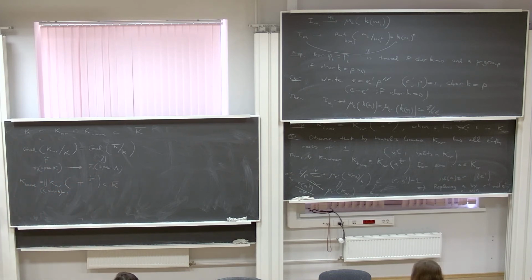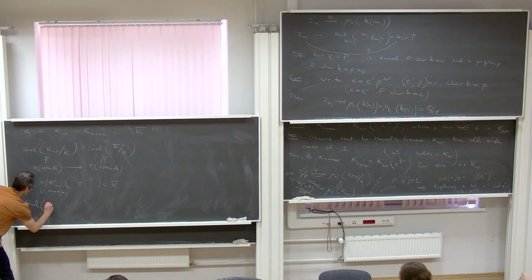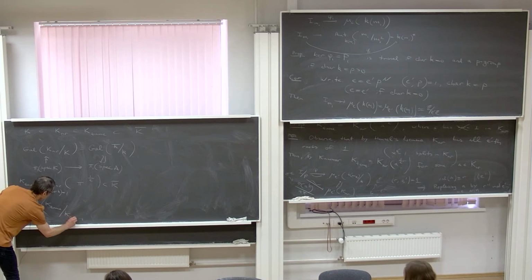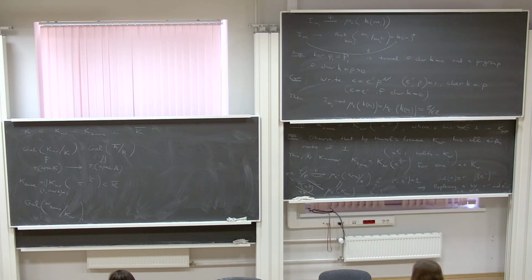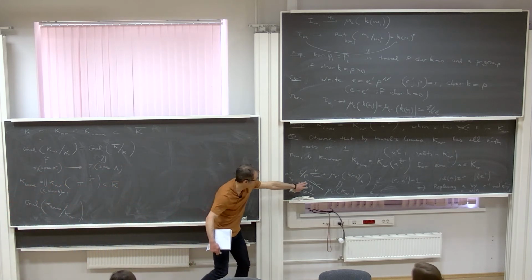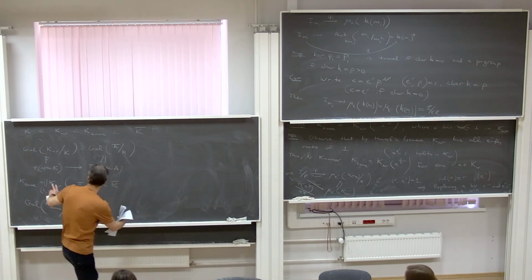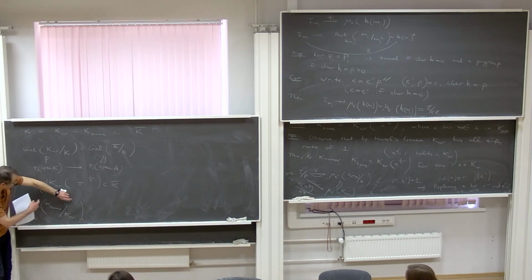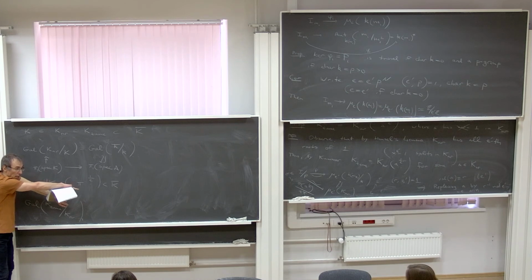So this is a very simple extension. And the Galois group of this extension, K tame over K non-ramified, can be computed by Kummer theory using this homomorphism. So you can compute first the Galois groups of these finite extensions.